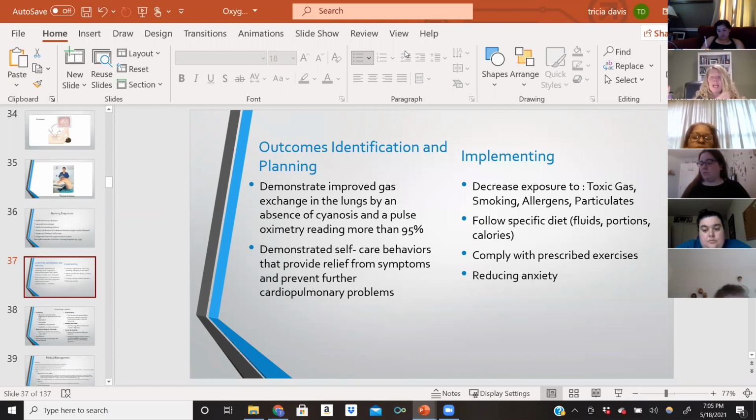Comply with prescribed exercises, and then we can help reduce anxiety. So a lot of patients that have COPD take anxiety medicines on a regular basis because they always feel like they can't breathe. So that is one common finding that you will see with patients who have COPD.